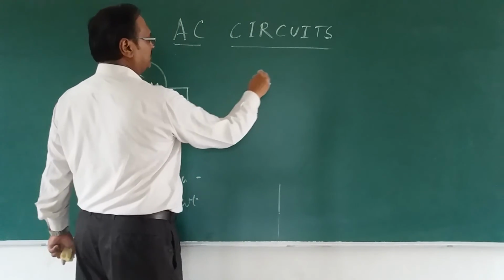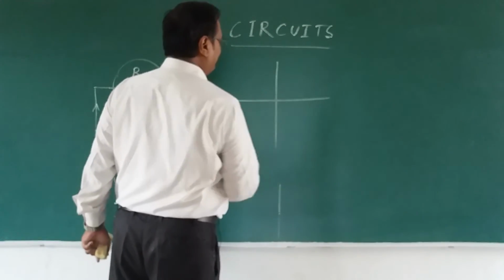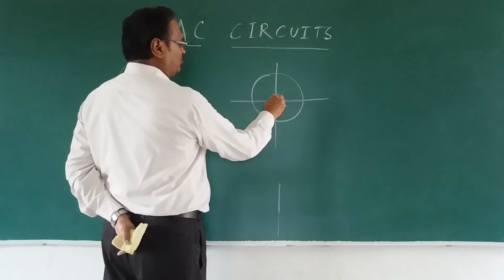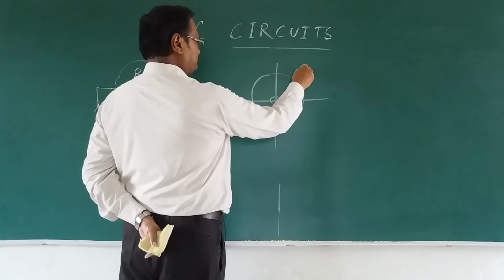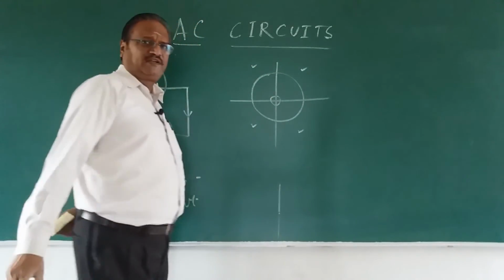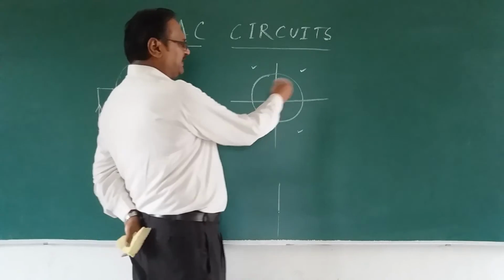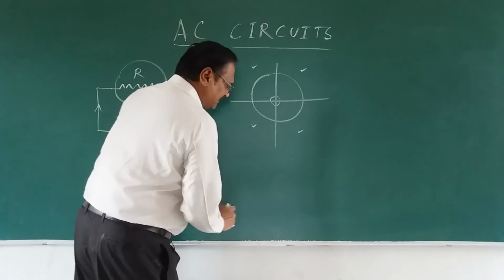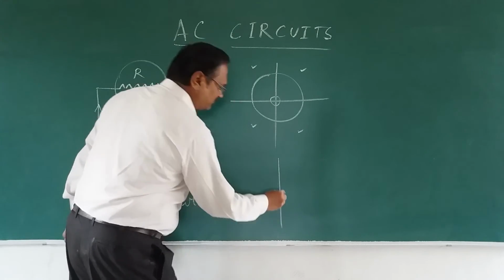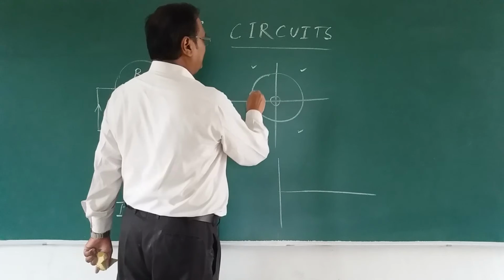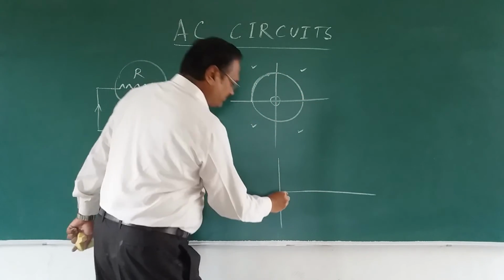See, I will tell you here, this is the reference point, this is the circle I have drawn, the total is 360 degrees. First quadrant, second quadrant, third quadrant, fourth quadrant, 90 degrees, all this stuff. So I will transfer this into a curve. Same circle, I transfer into a curve. From here to here, I can shift it here.